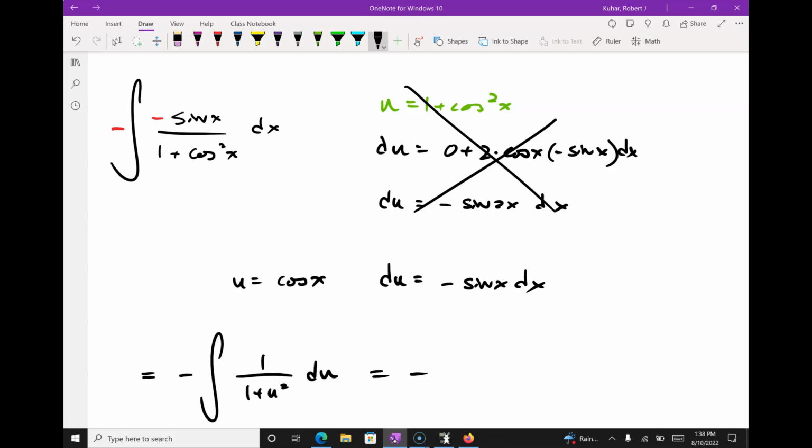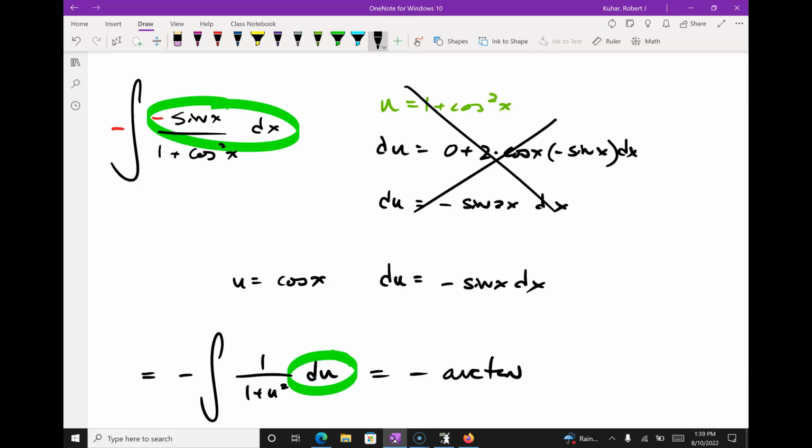Level 1. Yes, the negative inside became... right. What is this integral, please? Come on. Nope. Arctan.